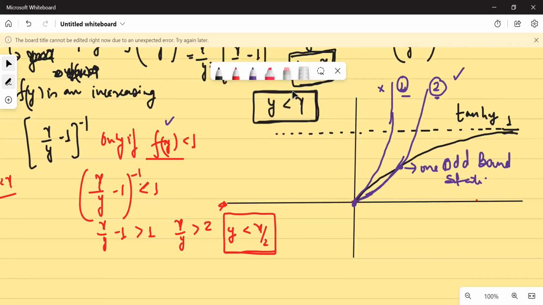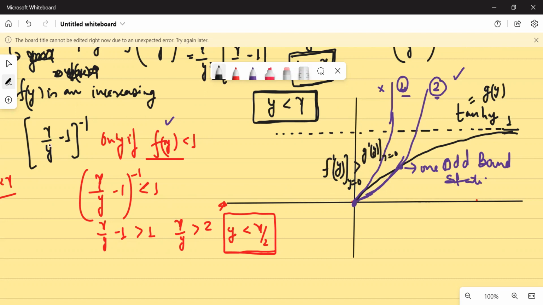Again, the same thing. If the derivative of the function f'(y) at y equal to 0 is greater than the derivative of tan hyperbolic y. So let me write tan hyperbolic y as g(y).